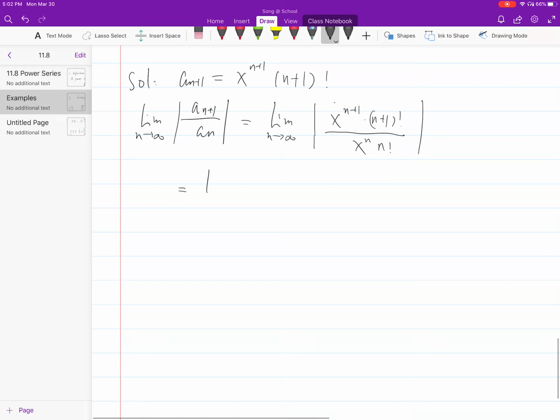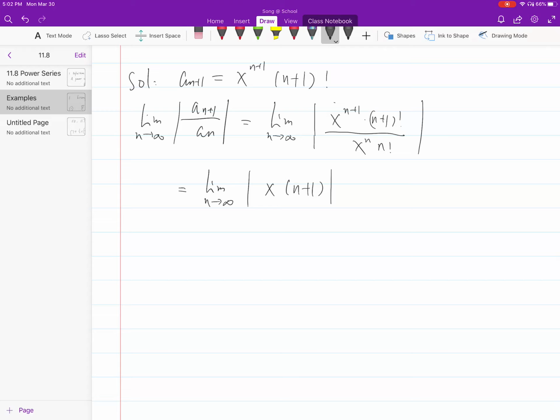Again, let's cancel. You have x on the top. You have n plus 1 on the top. Which is very similar to the case we had, except this time n plus 1 is on the top, not on the bottom.